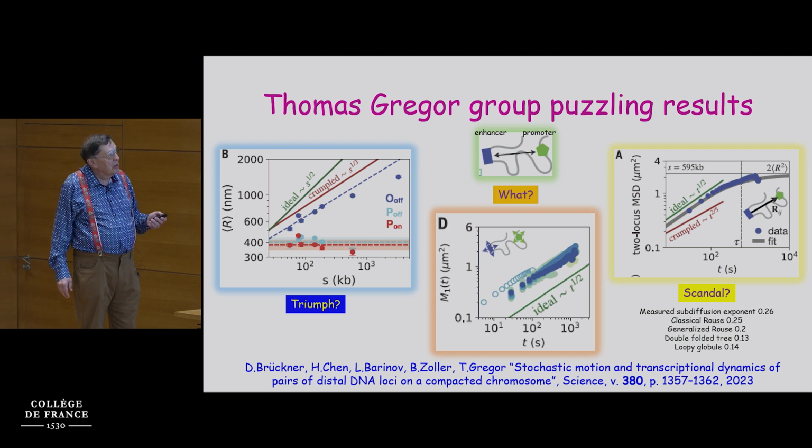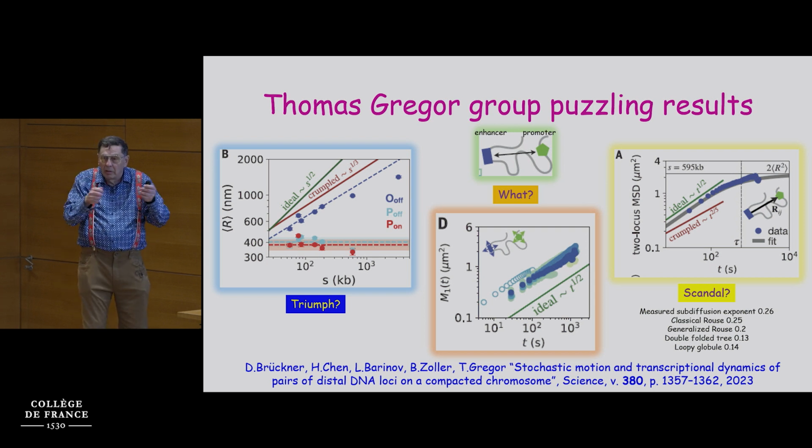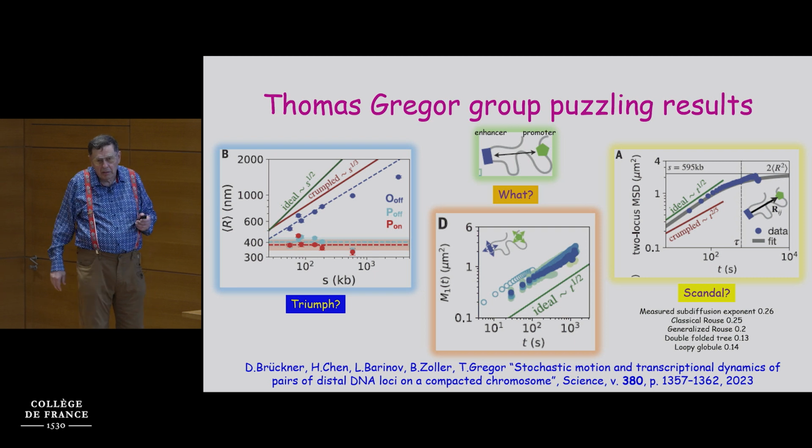So now you consider the mean square displacement of one of these guys, and it goes like t to the 1/2. And now you consider the distance between these two guys, which is sort of a pair correlation function, and you again see that this goes like this. I remind you, the measured subdiffusion exponent is 0.26 here.